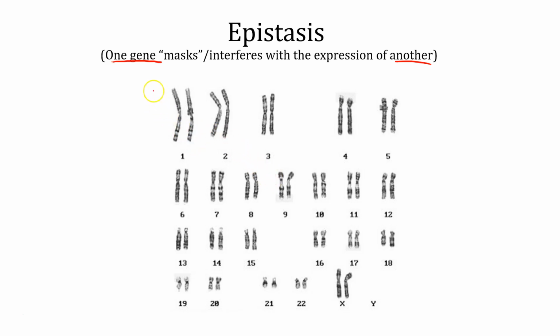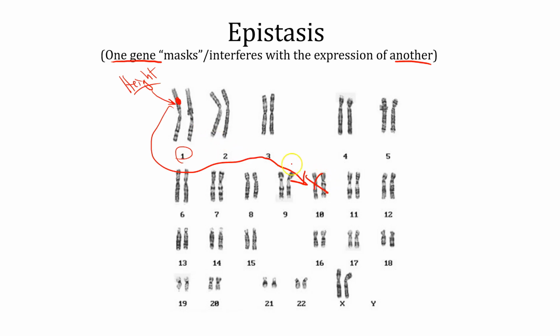It could be that one trait, let's say height, maybe it's on chromosome number 1, I don't know if it is or not. But epistasis means that there's some gene on one chromosome that can interfere with how another trait is expressed. So maybe this gene makes some sort of product that then shuts off or turns on a gene that's on a different chromosome.